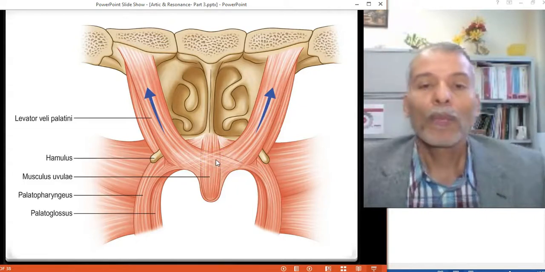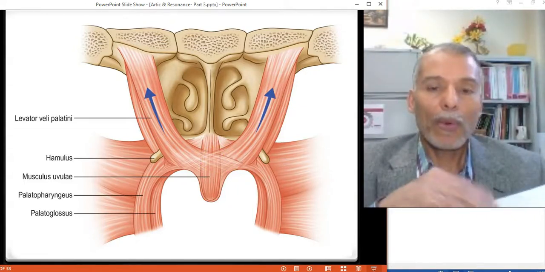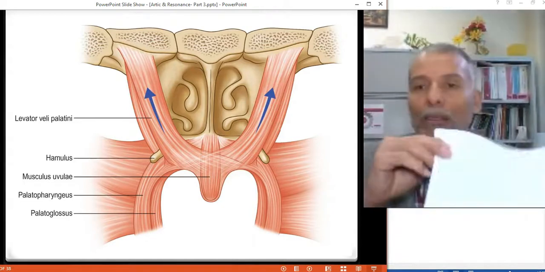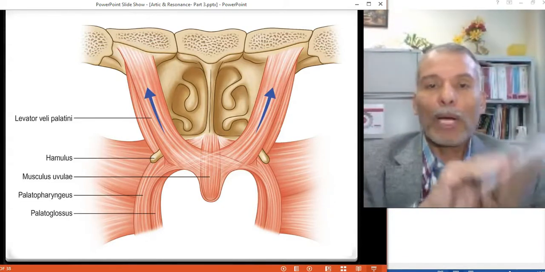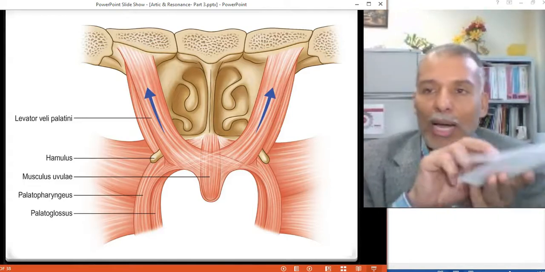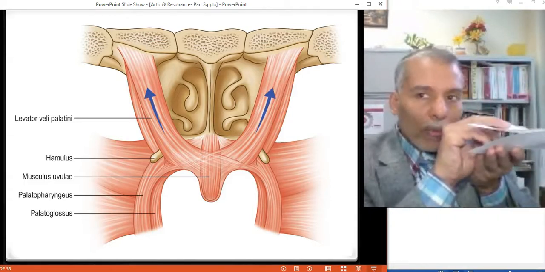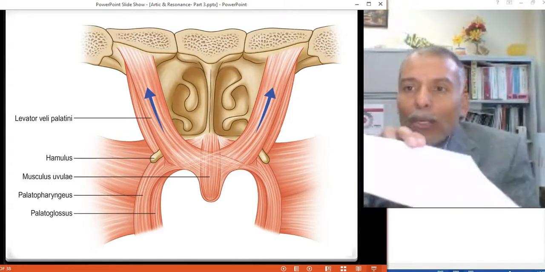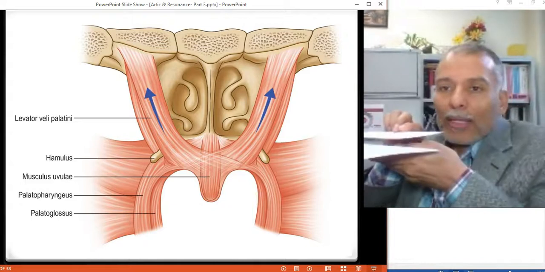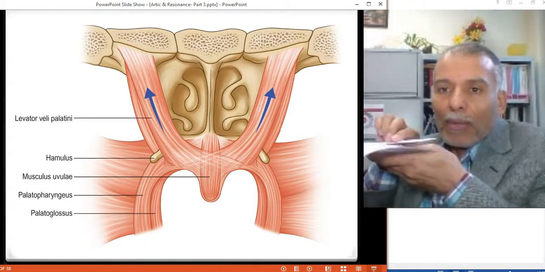This muscle, how it functions, just like I demonstrated earlier, when it contracts, it's going to contract the upper fibers. When you do that, then you elevate the velum.